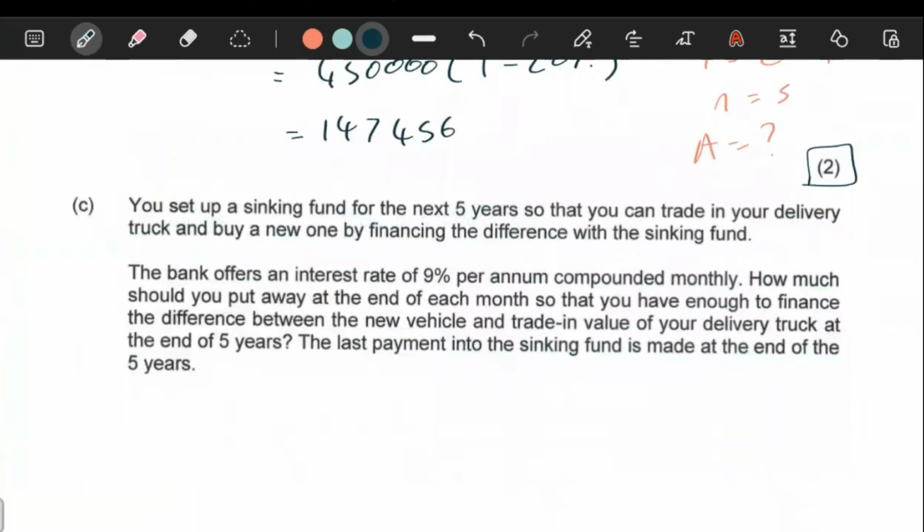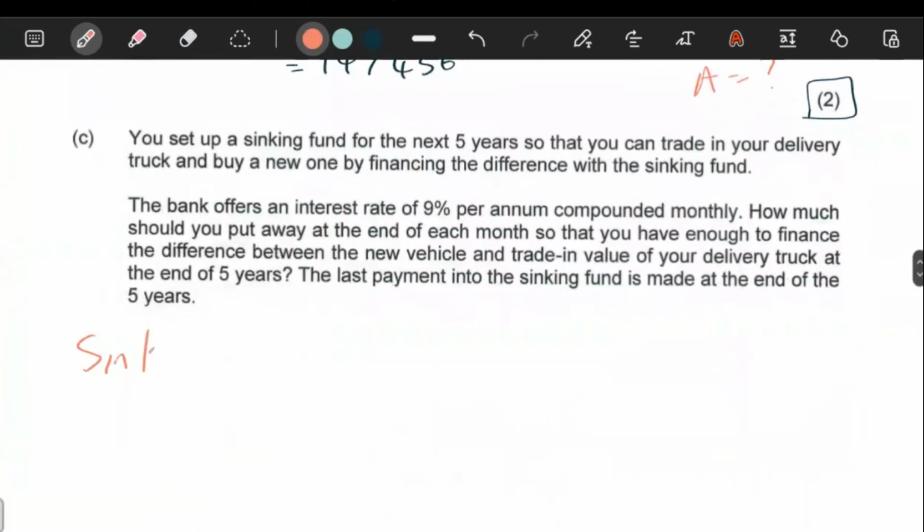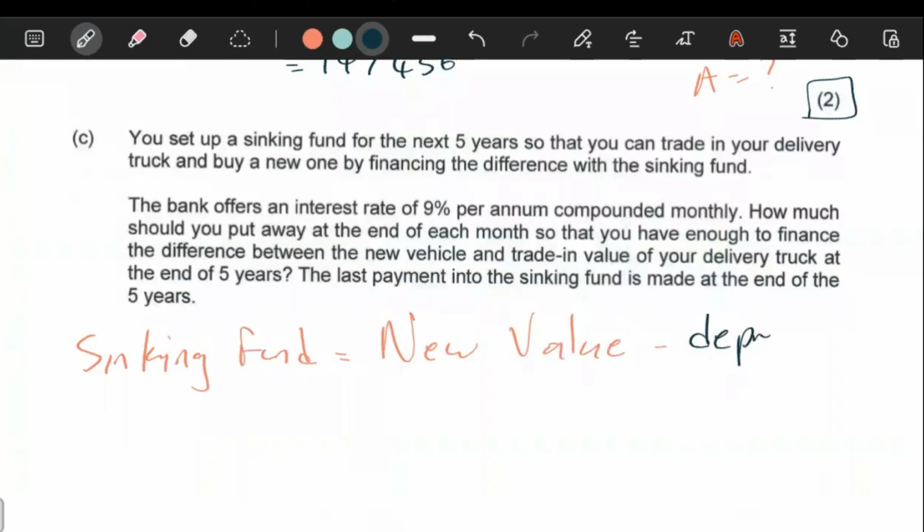So all this being said, C says, you set up a sinking fund for the next 5 years so that you can trade in your delivery truck and buy a new one by financing the difference with the sinking fund. So what that means is, remember, before we read the rest of the question, your sinking fund is equal to the new value of the truck minus the old value, or the depreciated value.